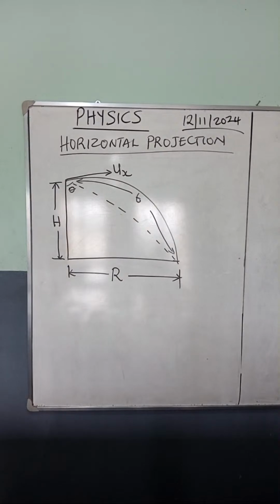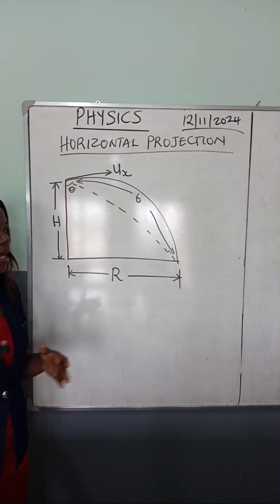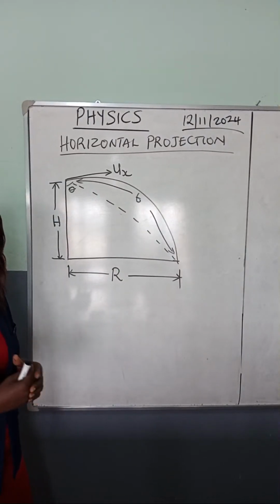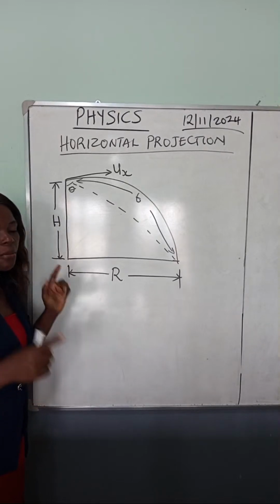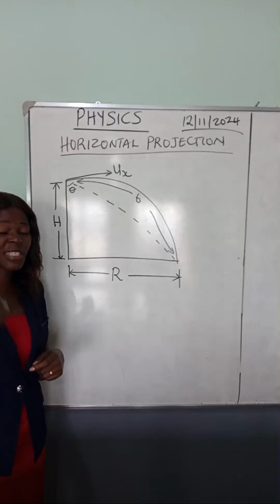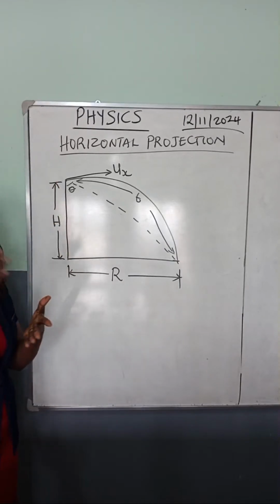Are we done? Yes. Alright, so when we are considering horizontal projection, I said that we are going to consider three things. One is what? The height. Because the person that will project the object is standing on top of a certain height.